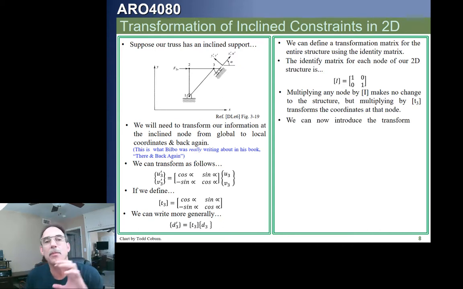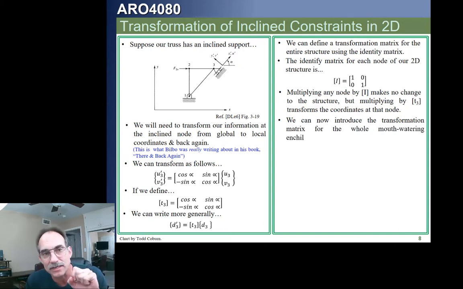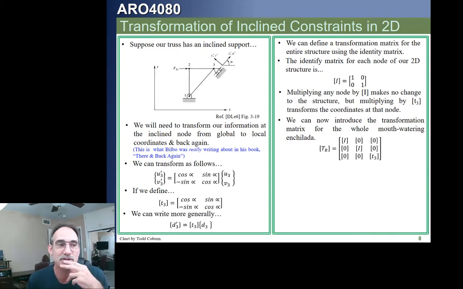So what we're going to do is come up with a transformation matrix that transforms the nodes that we need to transform and that leaves the other nodes alone. This means that our total transformation matrix, to account for the inclined and uninclined nodes, we're going to call it T sub r. We're going to use the identity matrix along the diagonal except at any node where it's inclined.